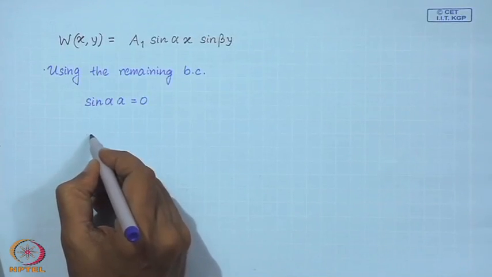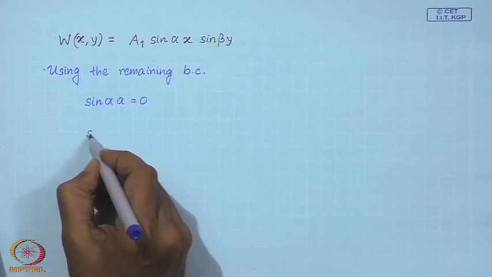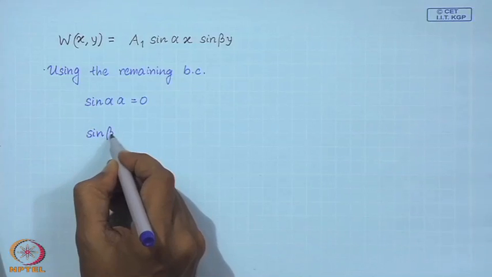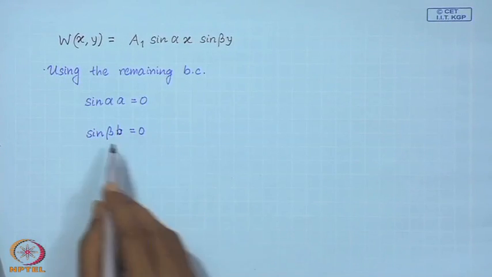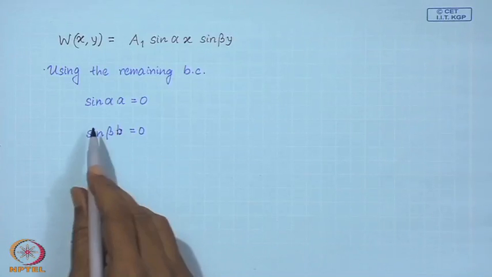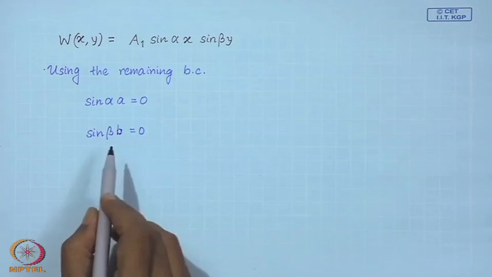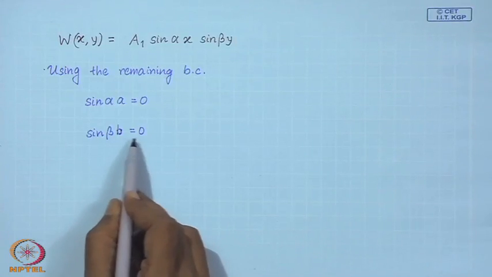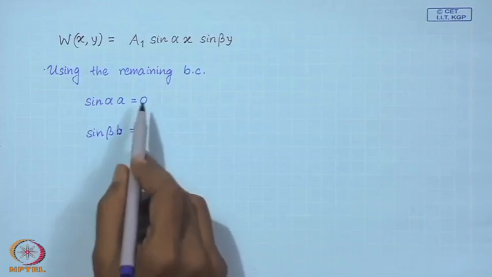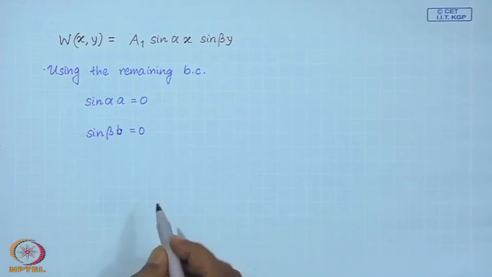And you have another condition, similarly sine of beta b must be equal to 0. So, this is for w at y equal to b and w double dot at y equal to b vanishing. So, that will give us this condition.